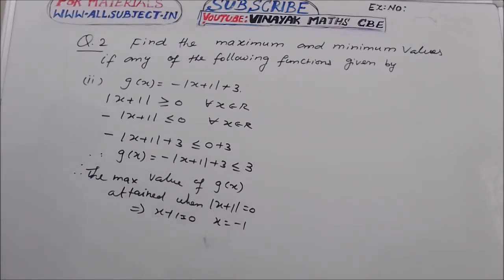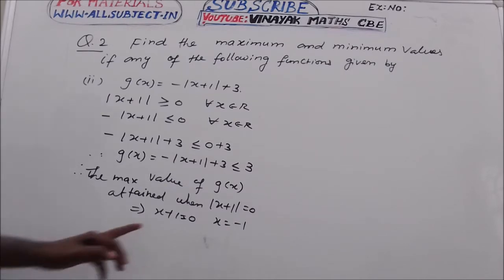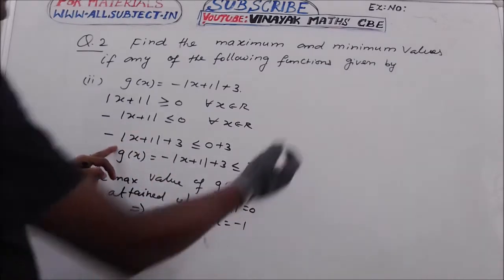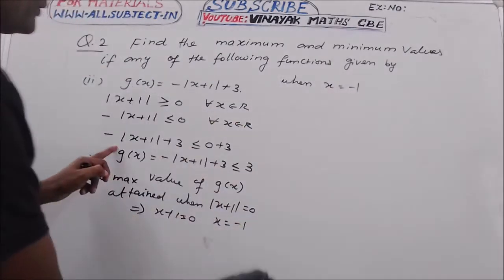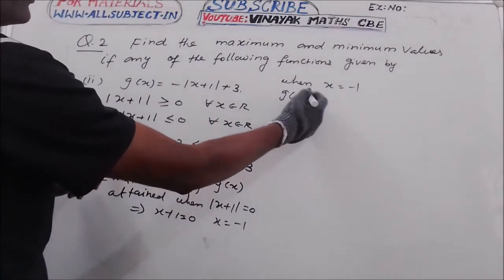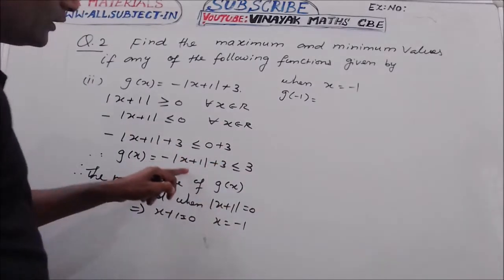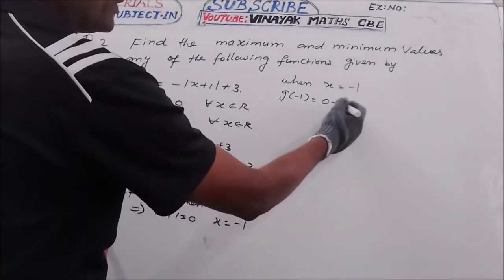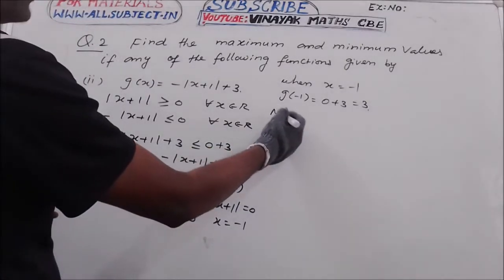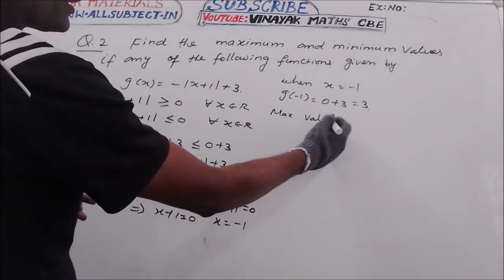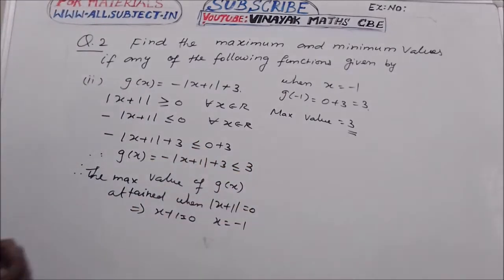Substituting x is equal to minus 1 in g of x, g of minus 1 equals 0 plus 3, which equals 3. Therefore, the maximum value is 3.